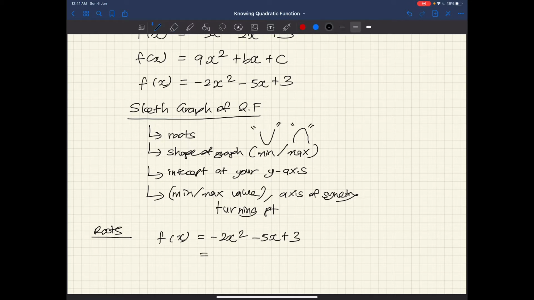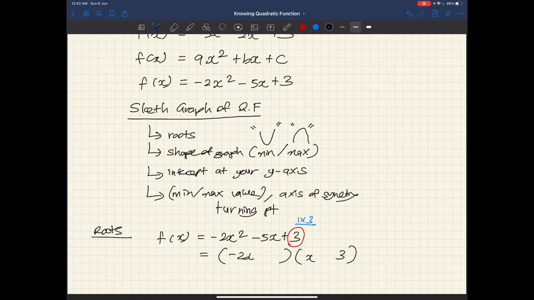If I factorize this, I get negative 2x, let me put a bracket open here, and then I have an x. For the next part, you have to think about the number over here, 3. What are the multiplications of 3? Just 1 times 3. I would suggest you put your 3 here.